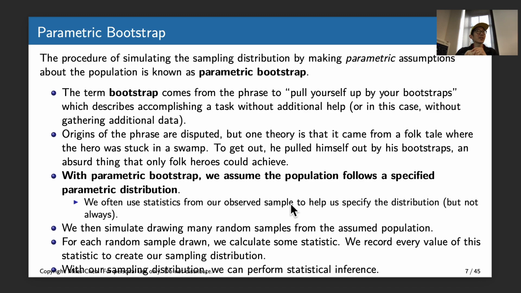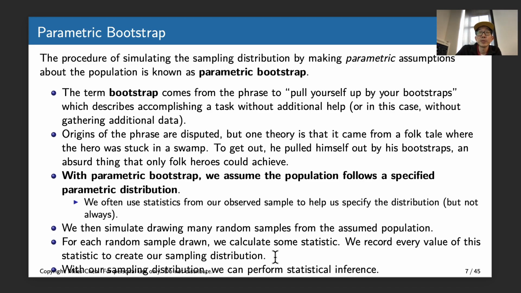Pretty much every theoretical distribution that you learned in 100B, your mathematical stats class, there's a corresponding function on your computer that can generate values from that distribution, right? The Poisson distribution. I don't know how many distributions you learned, there's a whole bunch, and you can generate random values from those things, and that's what we're going to use here. Okay, so we simulate drawing random samples from that assumed population.